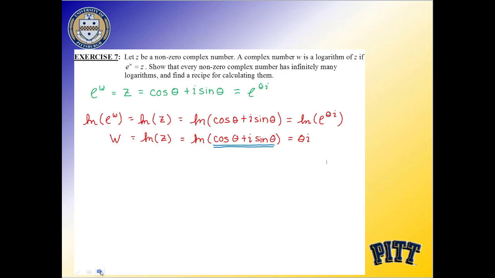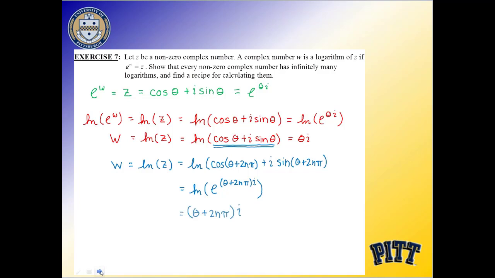The thing is, if I take each theta and add 2n pi to it, I get another theta that puts me in the exact same position, being coterminal, in such a way that it's going to be the same value. So that means that w can actually be the natural log of cosine of theta plus 2n pi plus i times the sine of theta plus 2n pi, which means, since n could be any integer, that w could be theta plus 2n pi i.